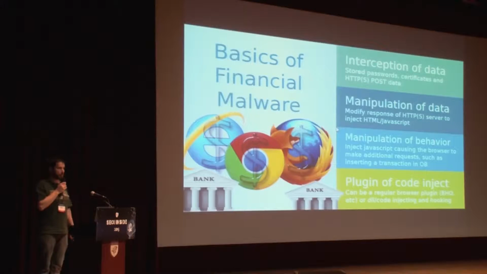It typically is able to unlock encrypted databases with stored passwords of browsers, of many applications that are on a system. But it also can steal stored certificates, especially those in software-based certificate stores. But also it can intercept live data, so basically sniff the network.